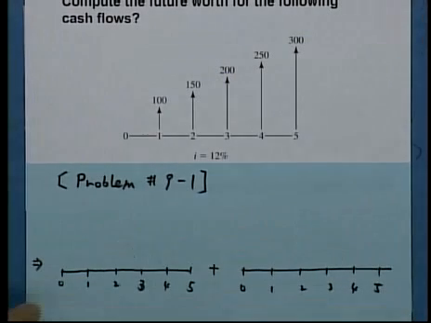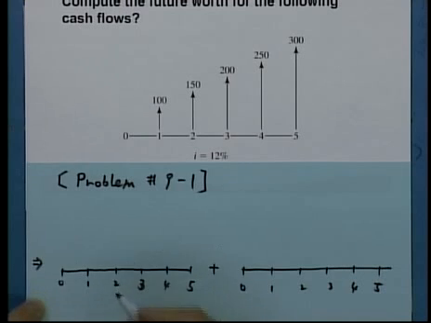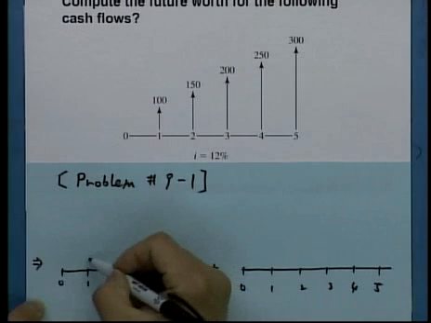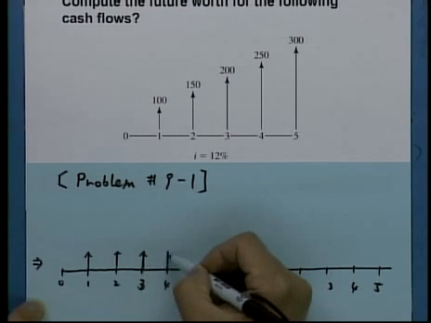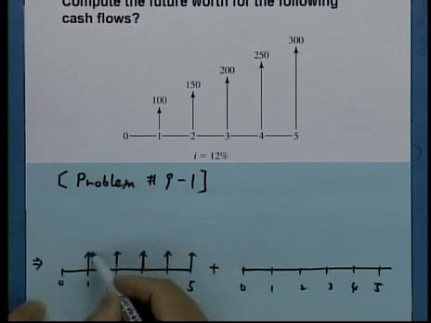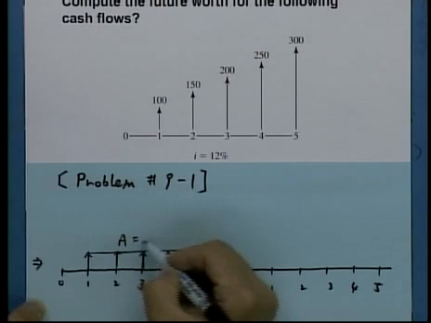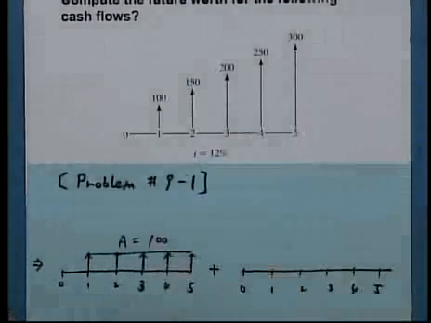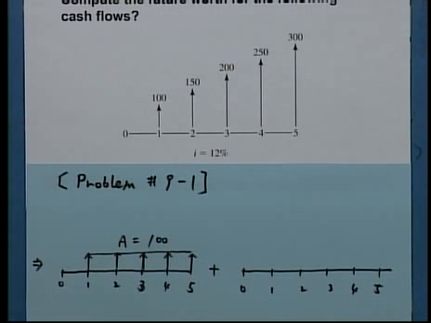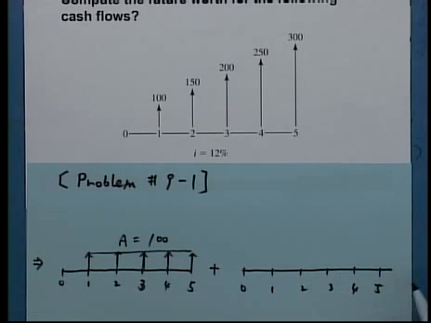Okay. First, we're going to have a uniform series of $100. And the second one is an arithmetic gradient series with G equals 50.